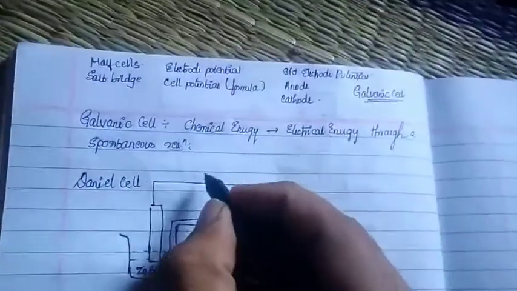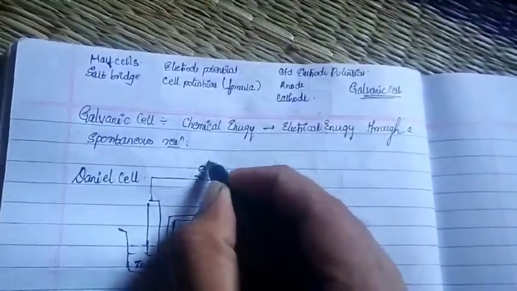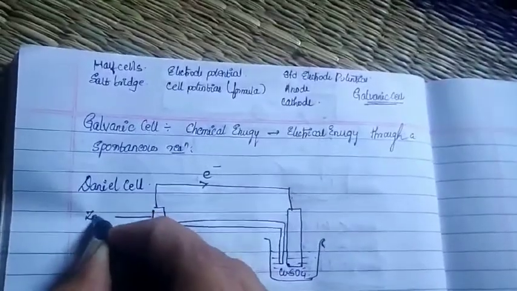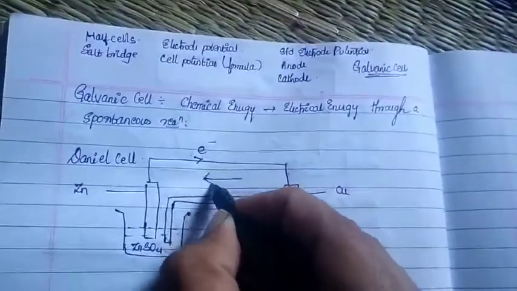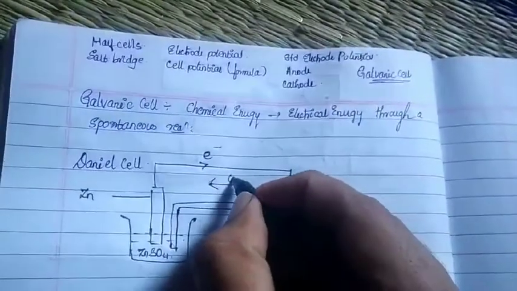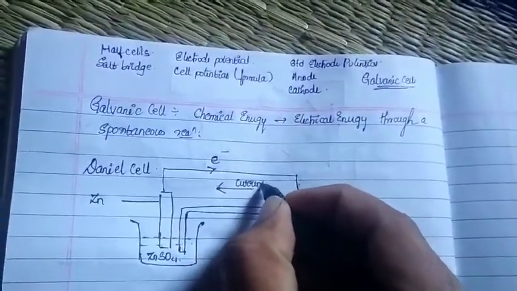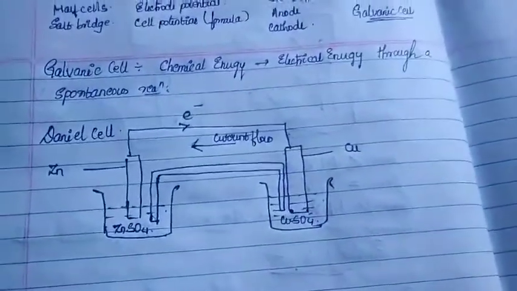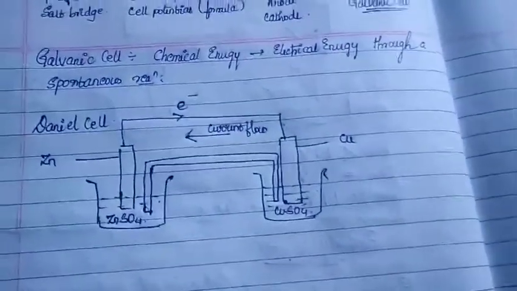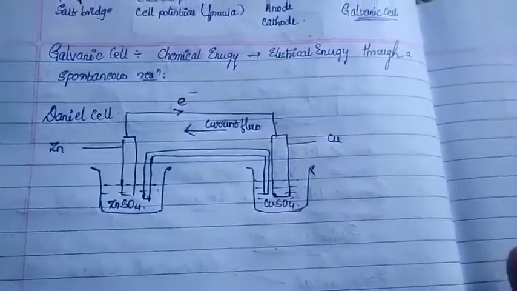Of course, we know the electron flow will be from zinc to copper, and the current flow will be from copper to zinc. So this will be your current flow. Why do you have an opposite direction for the current flow and electron flow? Of course, we have dealt with it in our earlier video, and I hope you are remembering it.